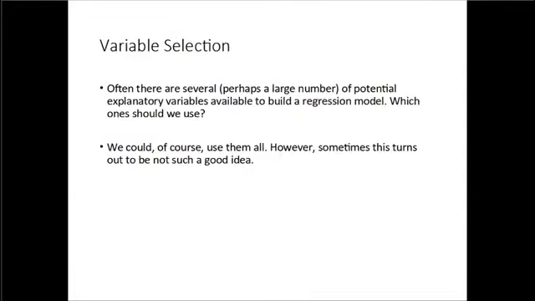Now, often there are several variables that you start with, especially in the industry. In academia, it's not that big a problem, although it is indeed a problem there. But in industrial problems, you have just too many explanatory variables, and you can't build a model, let's say, with 100 variables, right?